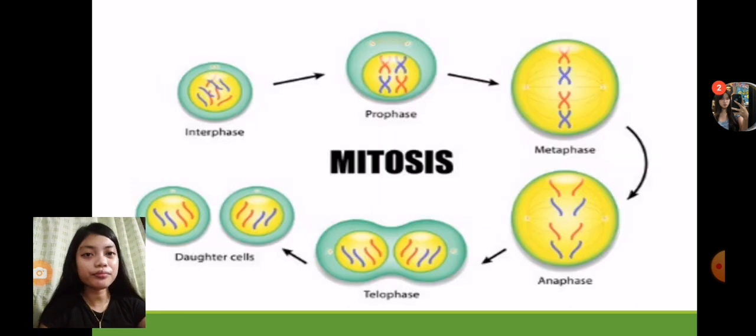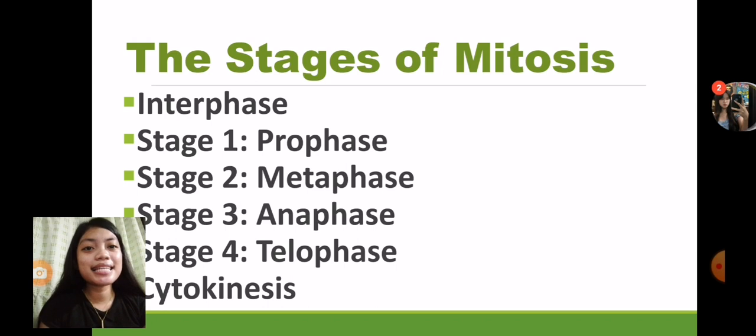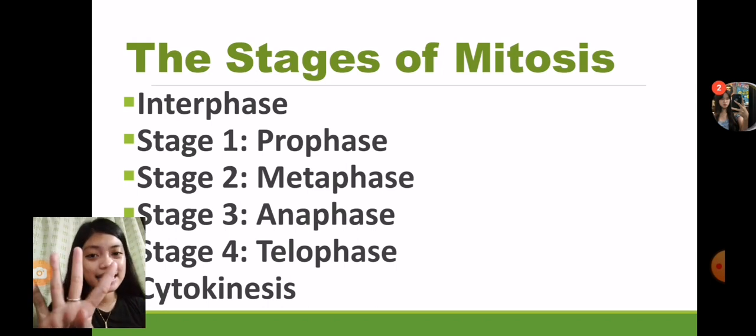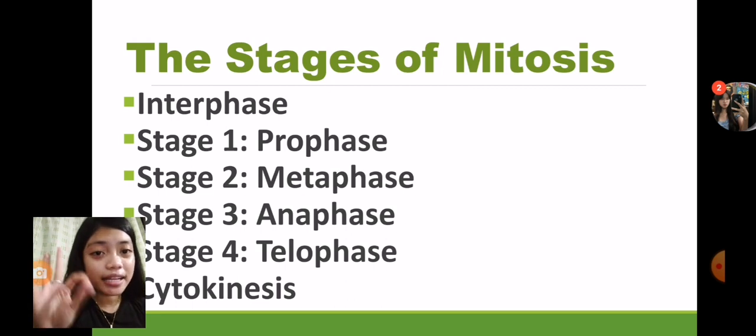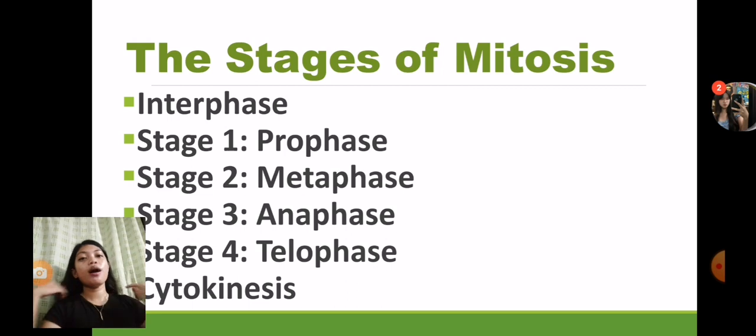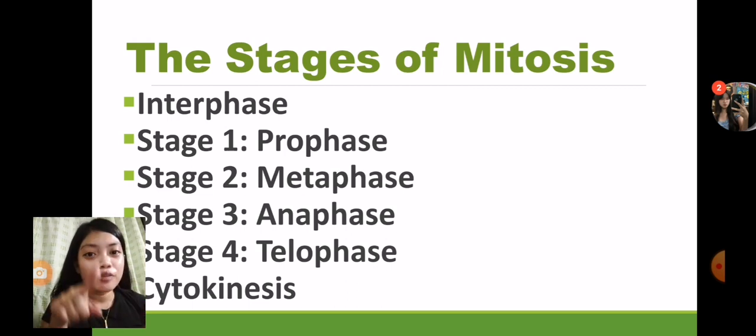Okay, so mitosis has 4 stages. First one is the prophase, stage 2 is the metaphase, stage 3 is the anaphase, and stage 4 is the telophase. So ang acronym, PMAT.